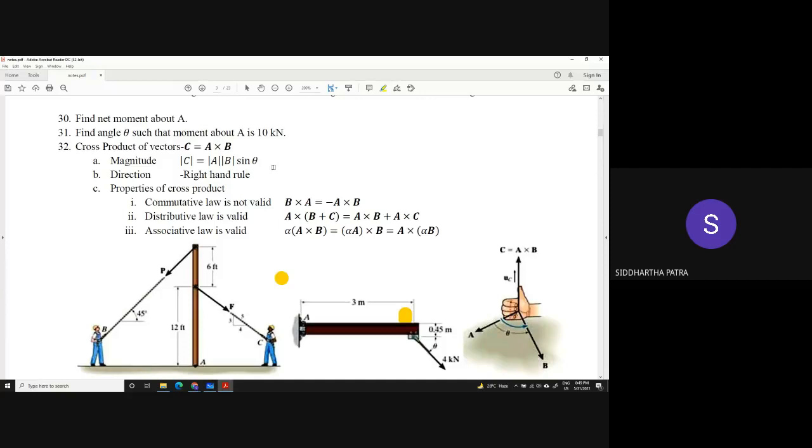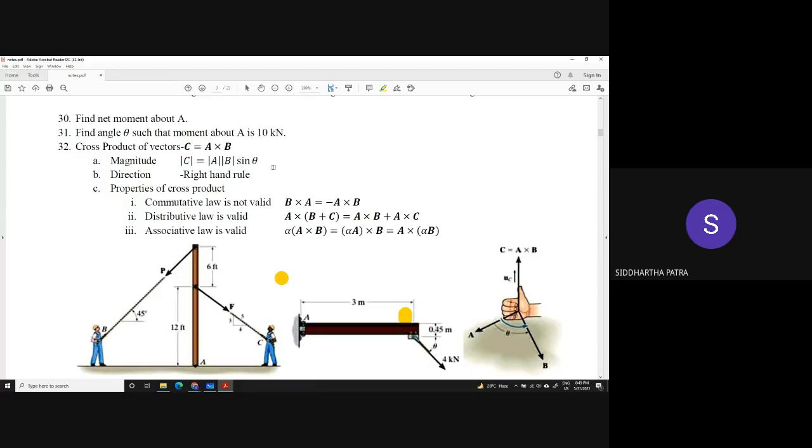The commutative law is pretty obvious, because sine of minus theta is minus sine theta. Therefore, B cross A is definitely minus A cross B. So the commutative law doesn't hold, but that is pretty obvious because of sine theta.